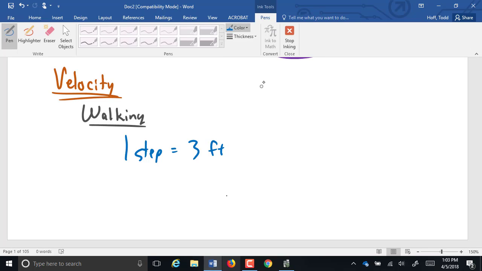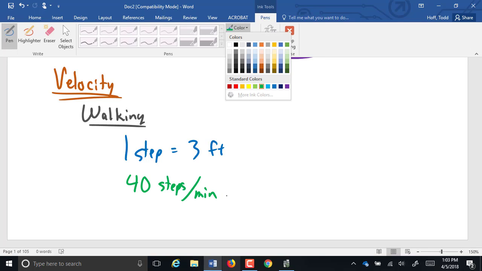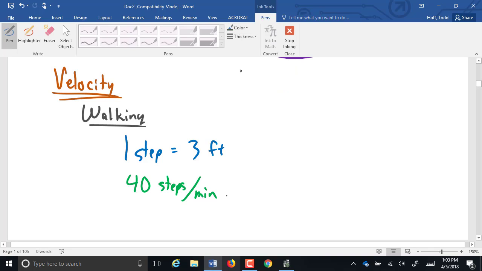And you are walking at a rate such that in the course of a minute, you take 40 steps per minute. What is your speed? What's your velocity here? How fast are you walking?